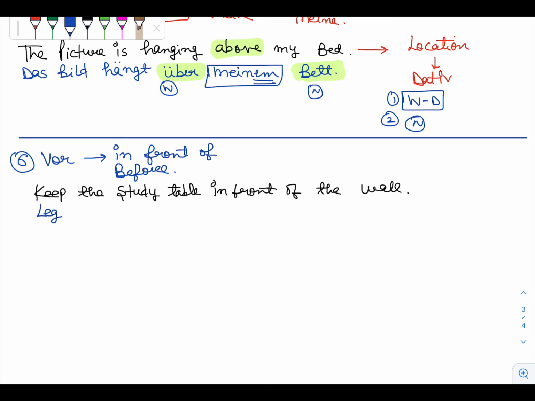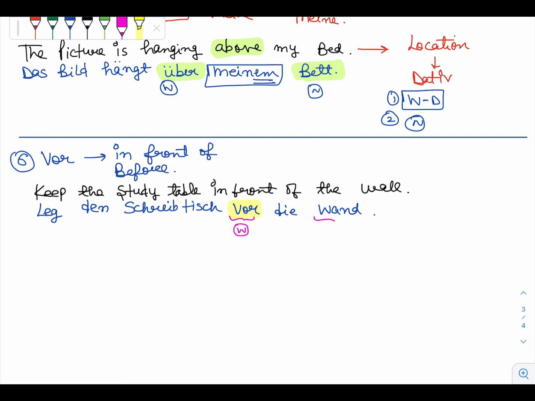Now, Schreibtisch, vor the wall. Again, we will check preposition vor, as we saw, it comes into Wechsel. Okay.